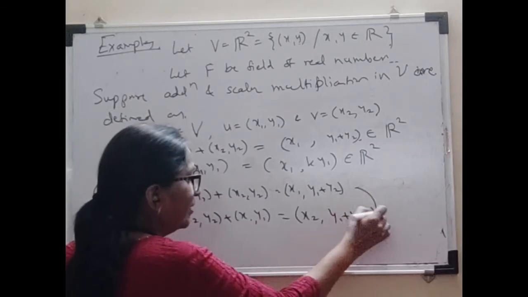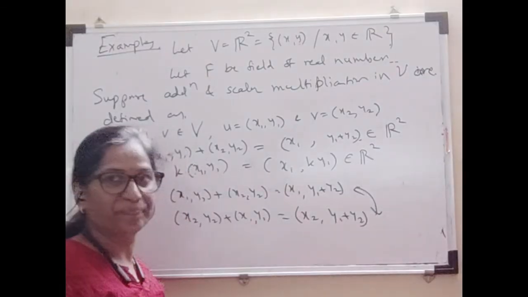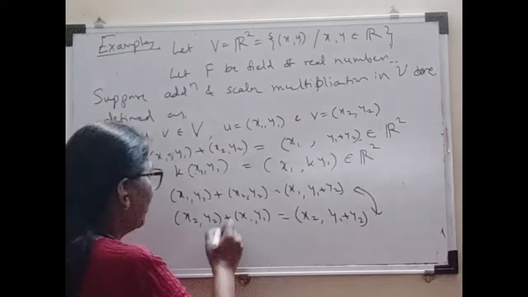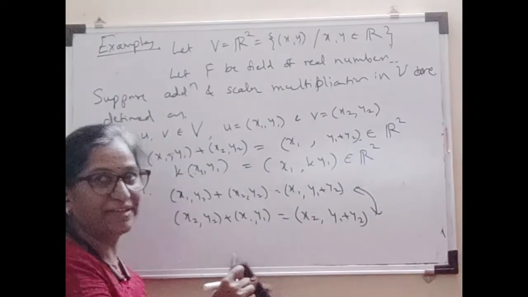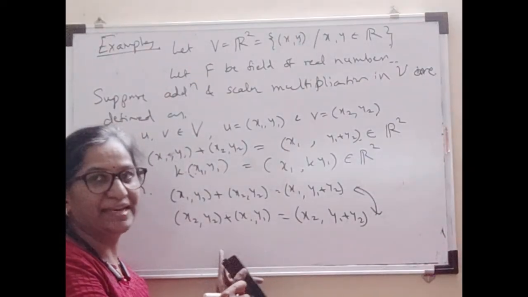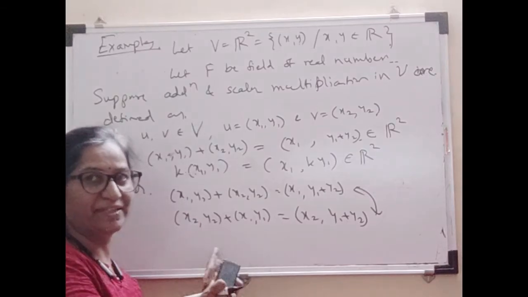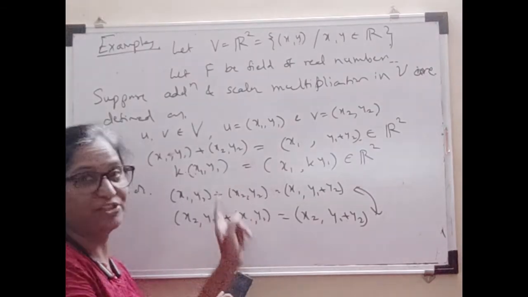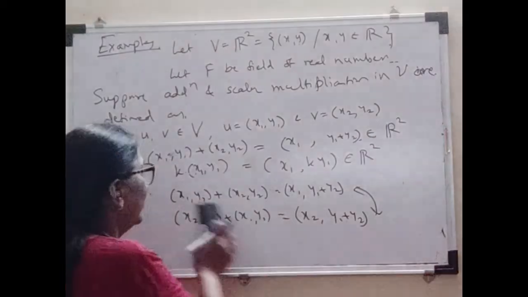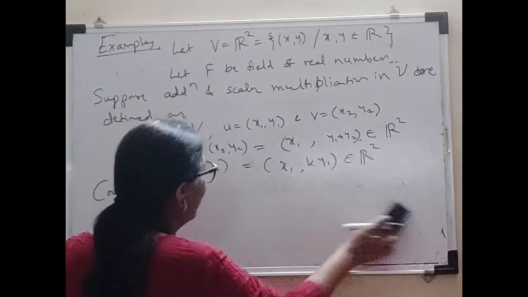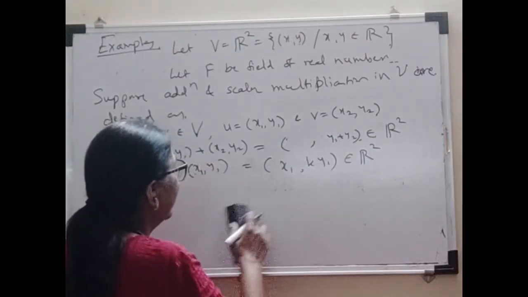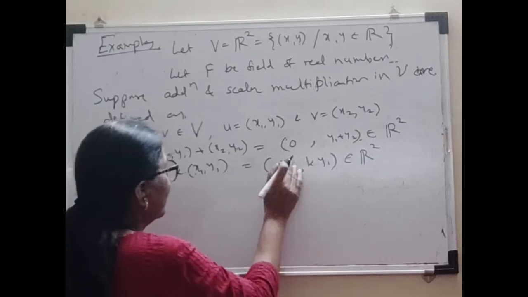Are they identical? No. So therefore commutativity is not satisfied. So it's enough to say that it is not a vector space under the given definition of addition. Now instead of this one, suppose I define the first component as 0.